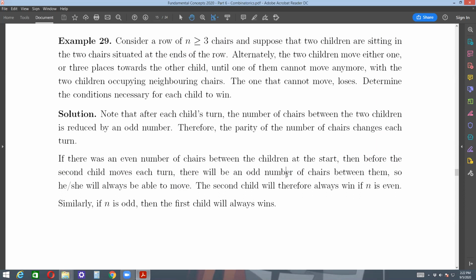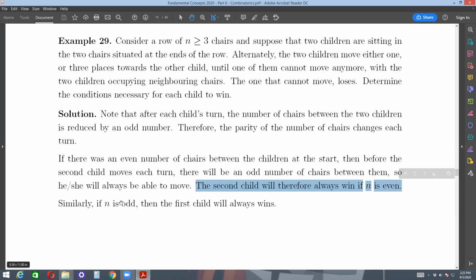It means that child will always be able to move, because there's always an odd number of chairs between them. And since 0 is even, it's not possible for the number of chairs between them to be 0. The second child will therefore always win, because at the end of it, the first child will be left with an even number of chairs before their turn. So it's the first child who will always be in a losing position.